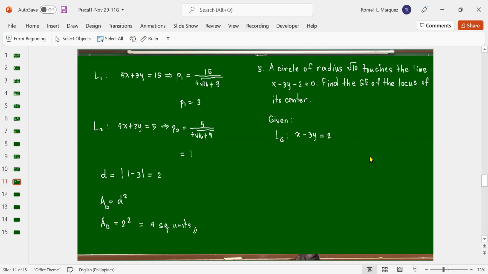Okay? So using the tabular method to graph this, when x is 0, negative 2/3 is the value of y. If y is 0, x is 2. Okay?